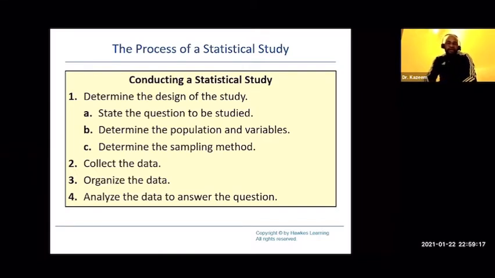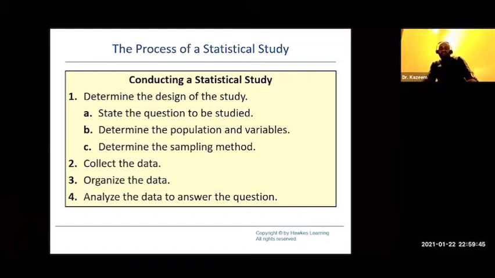When you want to take a sample from a population, we have a sampling method, which we're going to discuss in this lecture as well. So you need to be able to figure out what sampling technique I am going to use in such a way that whatever sample I choose at the end of the day will be a good representative of the population.